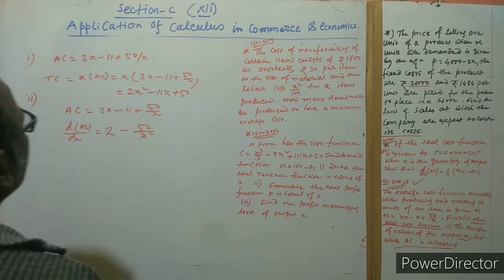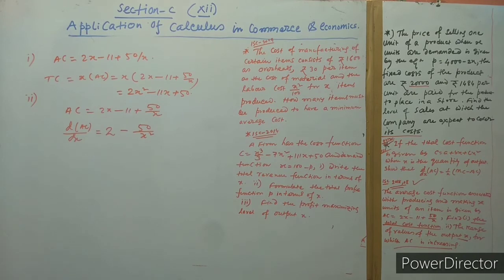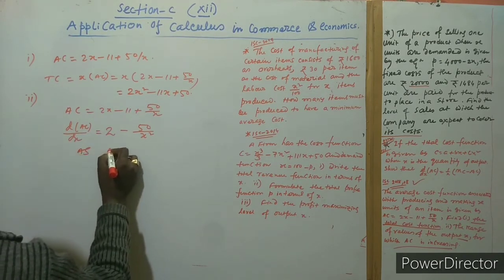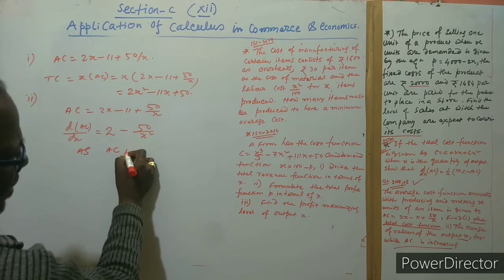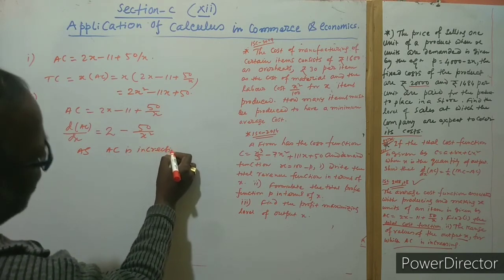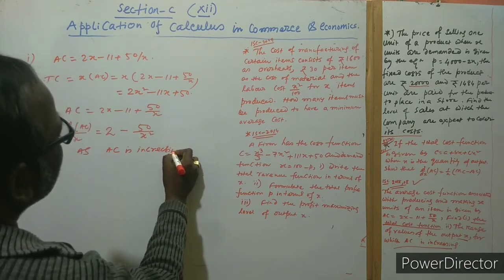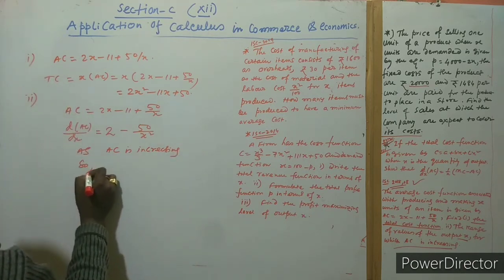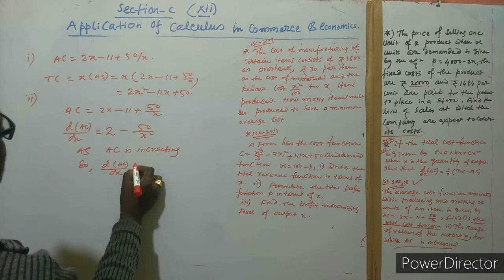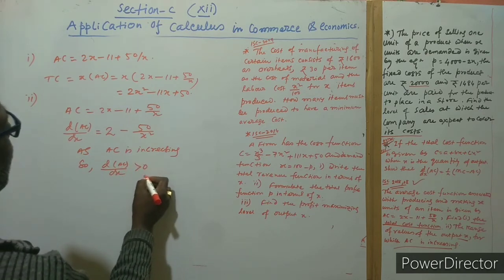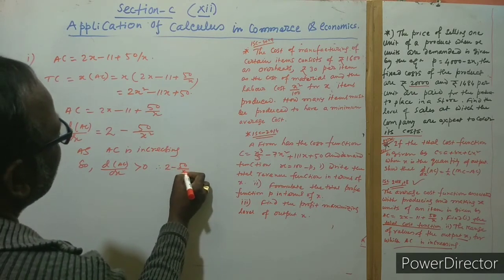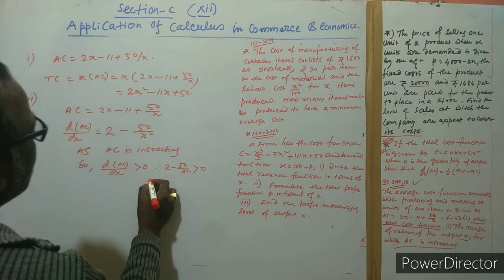Okay, so as AC is increasing, dAC by dx is more than 0. So therefore 2 minus 50 by x square is more than 0.